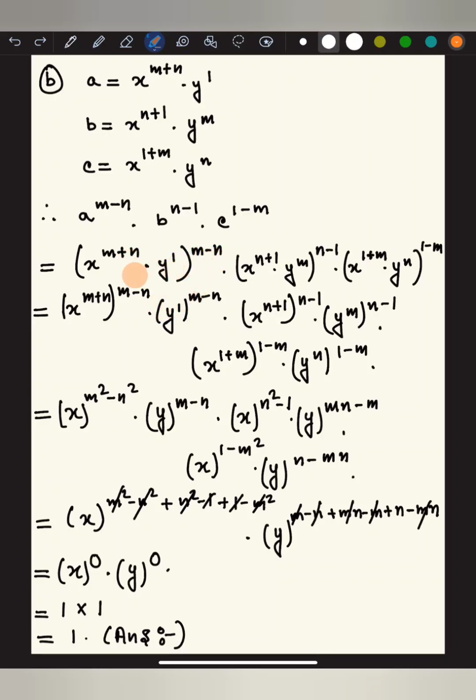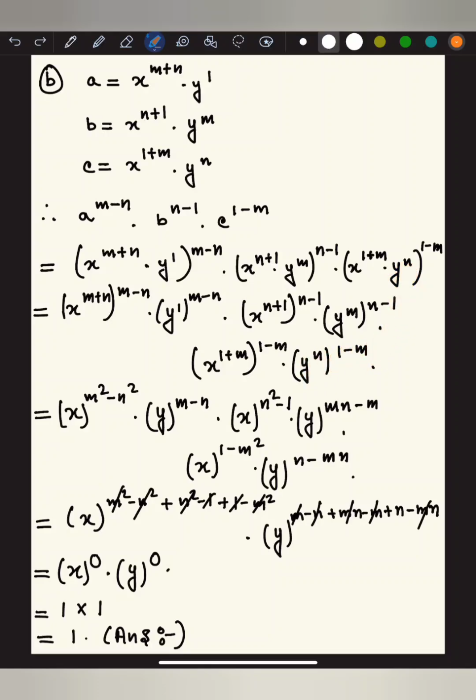I have just separated this, okay? So it becomes (x to the power m plus 1) whole to the power m minus n into (y to the power 1) whole to the power m minus n. Similarly, (x to the power n plus 1) whole to the power n minus 1 into (y to the power m) whole to the power n minus 1, right? Again, (x to the power 1 plus m) whole to the power 1 minus m into (y to the power n) whole to the power 1 minus m.